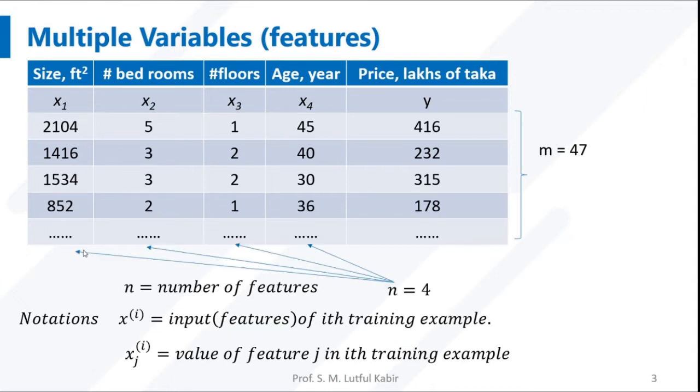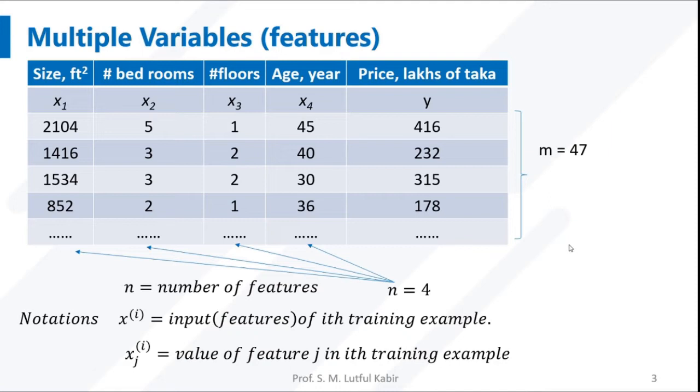So the total number of columns is 4. That's why we call it n equal to 4. So don't be confused with m and n. m is the number of training examples, and n is the number of features. So features and examples, two terms.